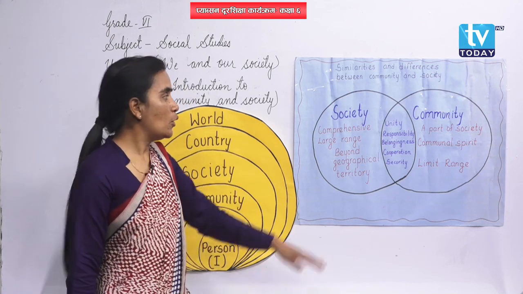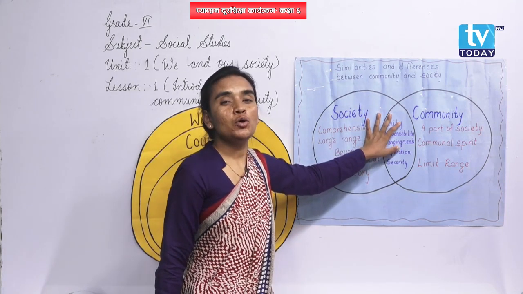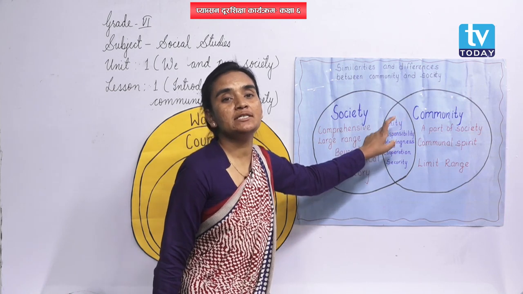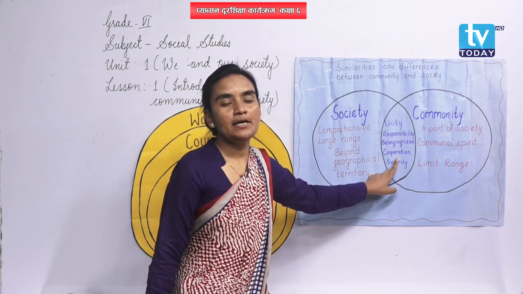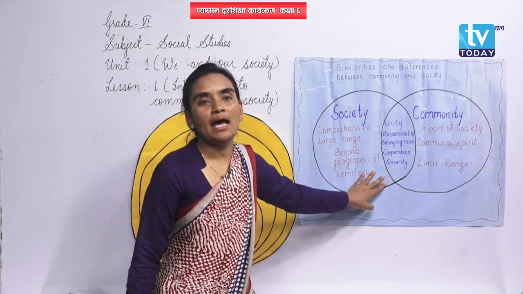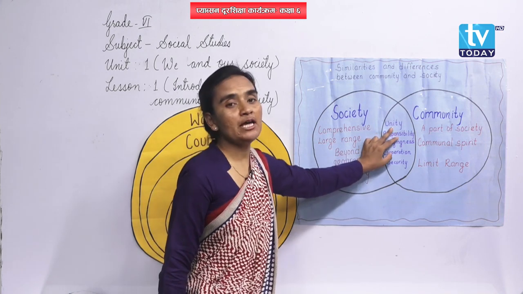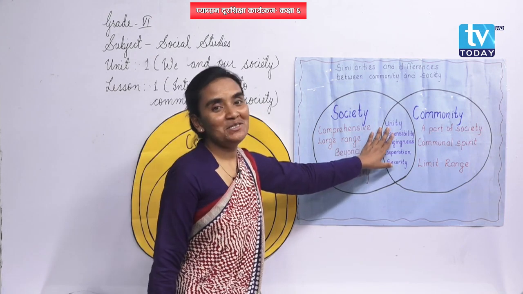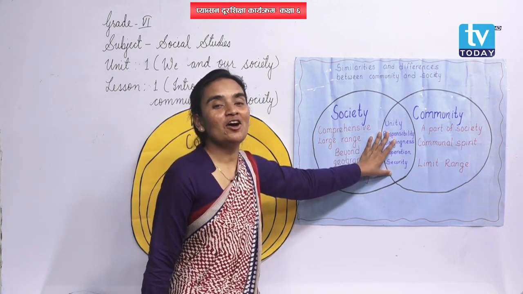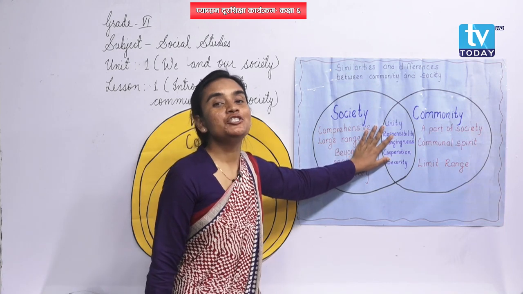Now, according to this diagram, we can also see the similarities of society and community. While talking about the similarities between society and community, the first and foremost feature, the most utilized nature of human society, is unity.